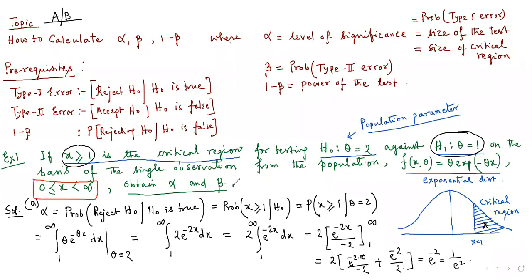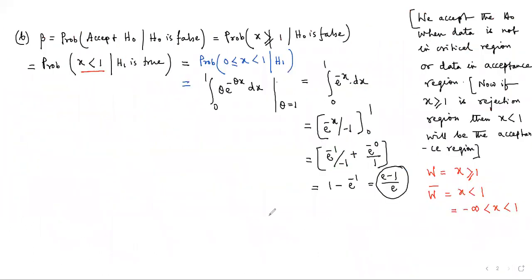Now, if I put one extra part, to also find the power of the test, what will you do? Power of the test means the power you have when you are rejecting the null hypothesis, treating that it is indeed false. That is called the power of the test.